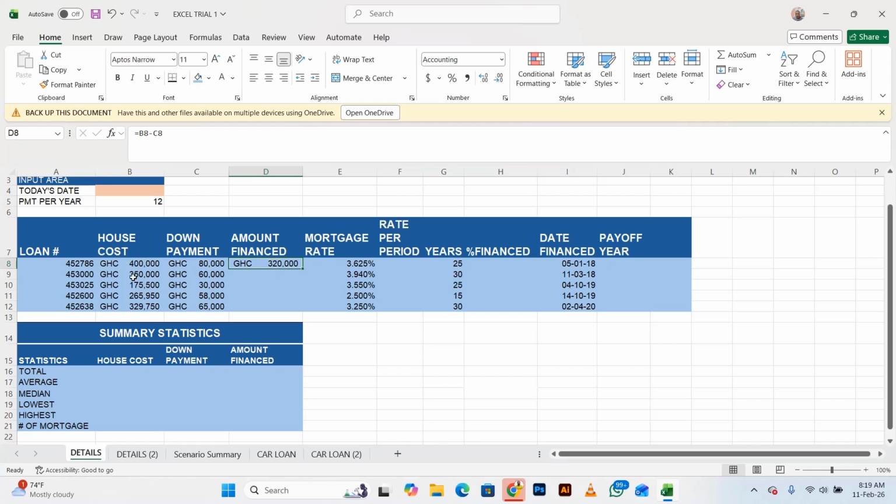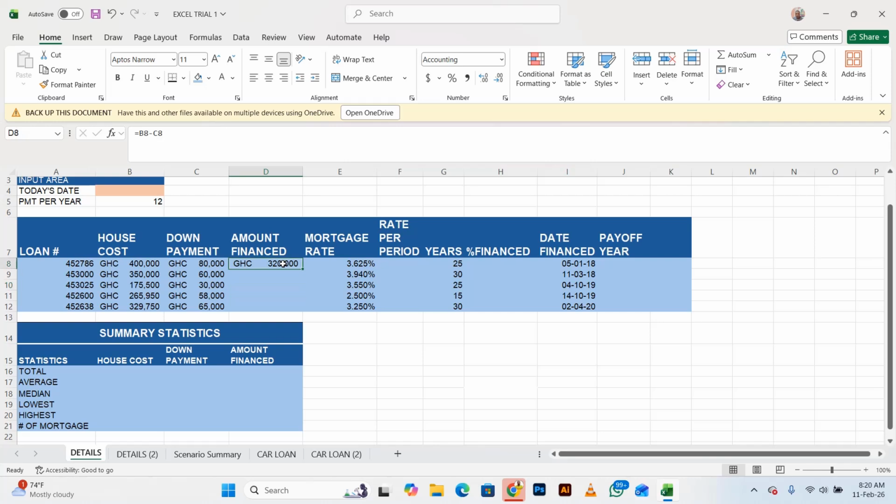Now, since these cells are relative, it means what is here, if you drag it, will also come here. So you don't need to come here and then type equal to, then select this minus this, then click enter, then come here. No, that one will be a waste of time.